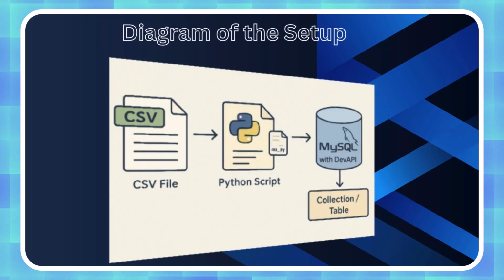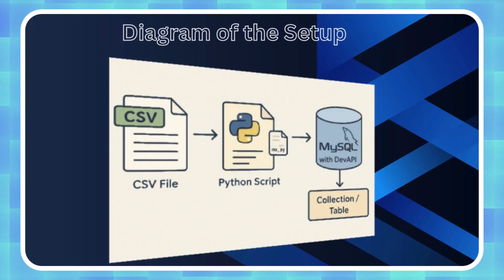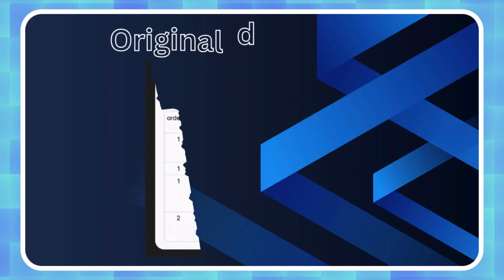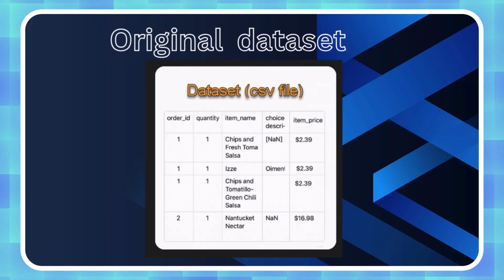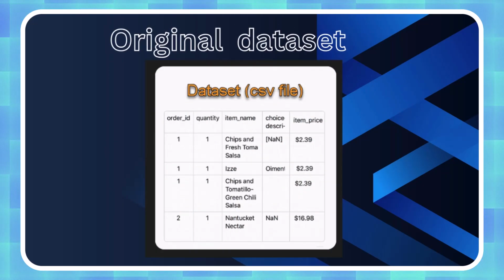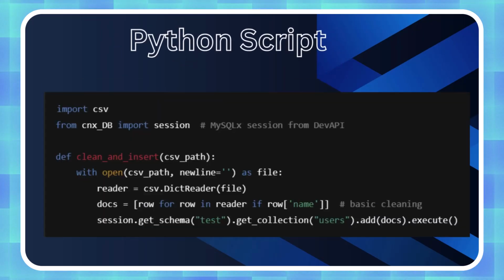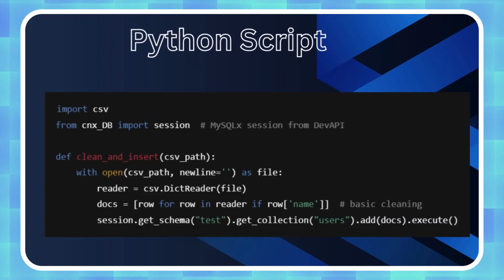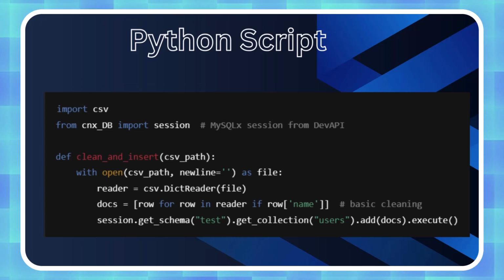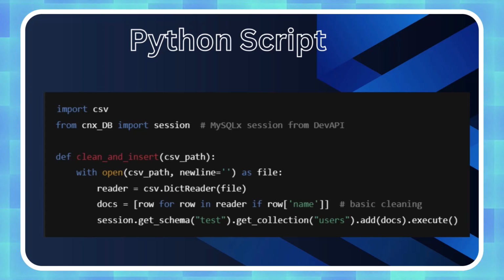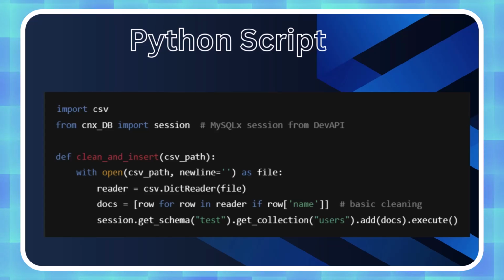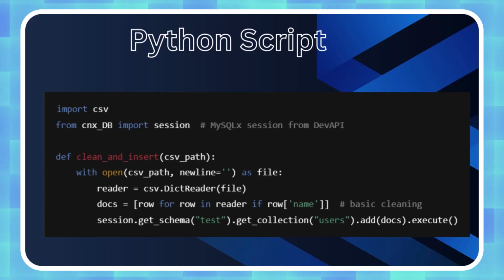It consists of three main steps that you can see right now on this diagram. In the first step, we begin showing the kind of file to process with several NaNs and $ signs. In the second step, we show the kind of Python main script to process the file, doing four things: opens and reads the CSV file, cleans and processes the data, removes nulls, formats prices, connects to MySQL via DevAPI, inserts data into a collection.